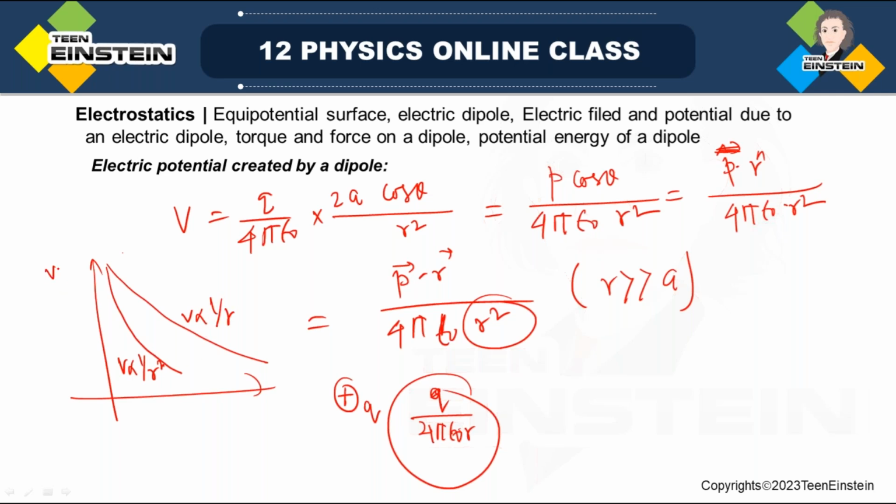If this is voltage, this side is distance.